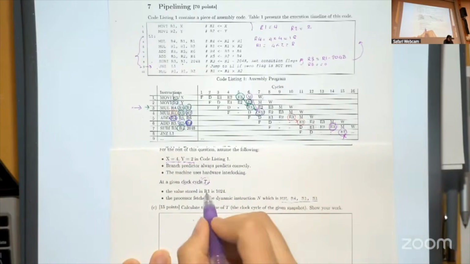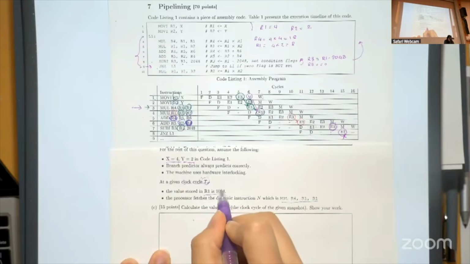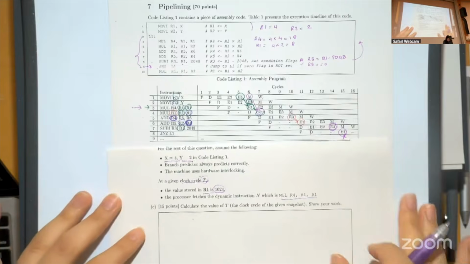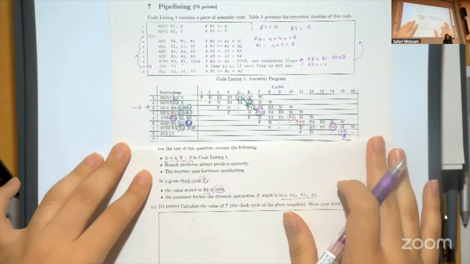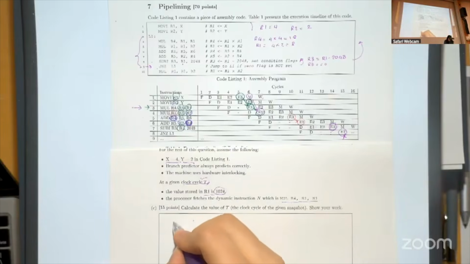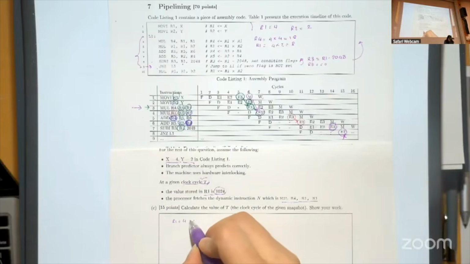And what we know is that at that time, R1's value is this, 1024, which then we can calculate how many times this loop has iterated, right? So we start with R1 as 4 in the initial part.